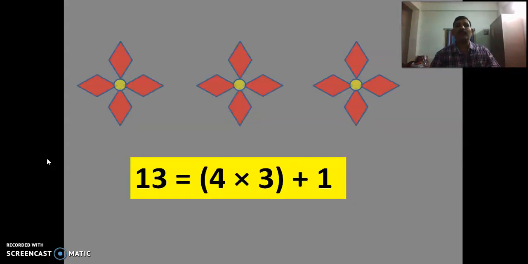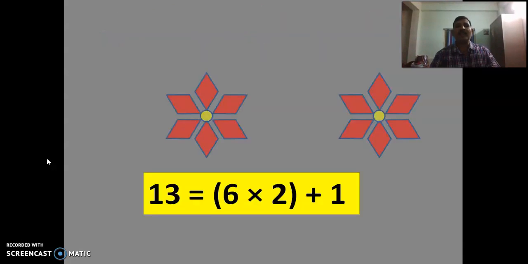In the same manner, suppose we have some diamond shaped pieces which are to be arranged in the design of flowers. If we take 4 pieces for making one flower design, we get 3 designs. So 4 into 3 plus 1.